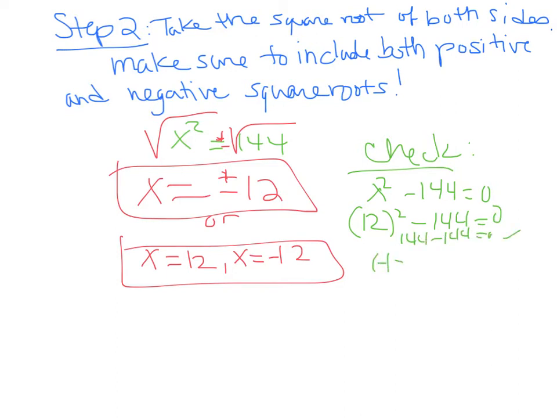But it also works out if you have negative 12 squared. Negative 12 squared is negative 12 times negative 12. Since you multiply a negative times a negative, it becomes a positive 144, which also gives you 0. So we got what we wanted when we checked it. So make sure that you include both answers. That is very important.